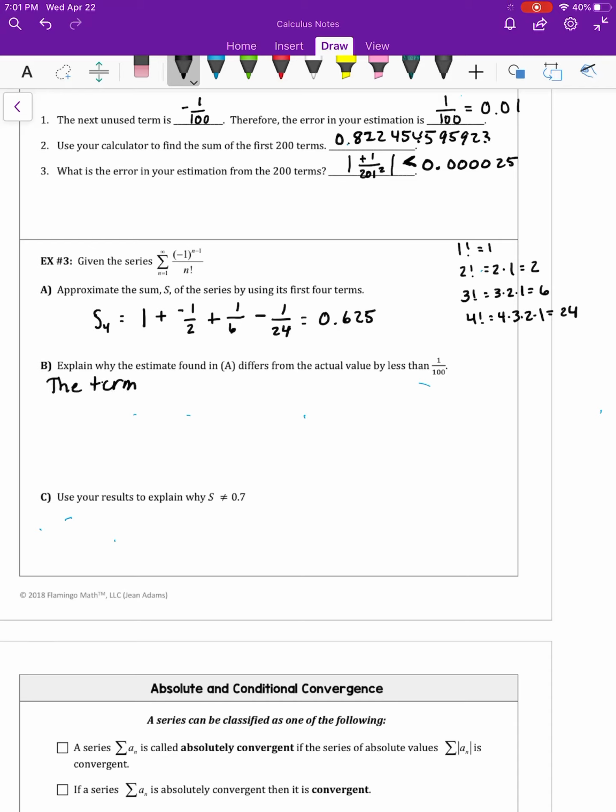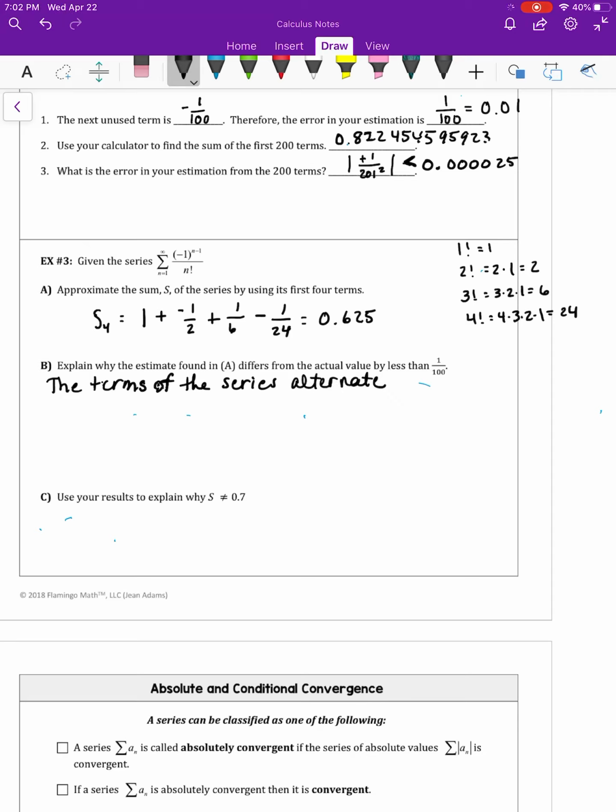And we could calculate how close we are by looking at the 5th term and taking the absolute value of that, and seeing that the error would be less than whatever that 5th term is going to be. So it says, explain why the estimate found in A differs from the actual value by less than 1/100th.